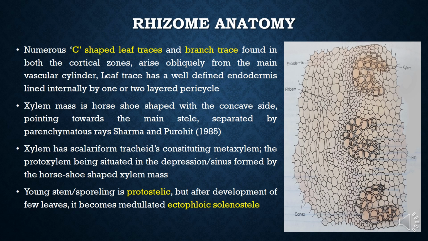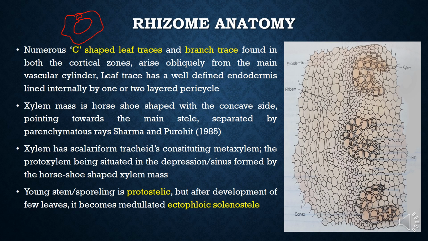Inner to it is the stellar region, which is irregular shaped, and the pith region. In the extrastelar region, we see a horseshoe shaped leaf trace, and inside the leaf trace there is a horseshoe shaped xylem.